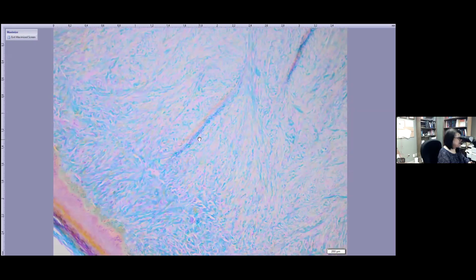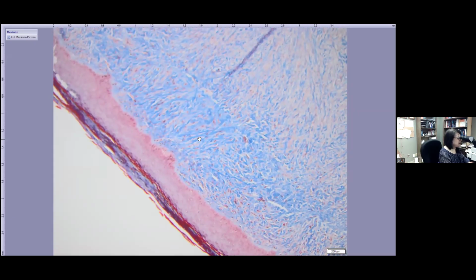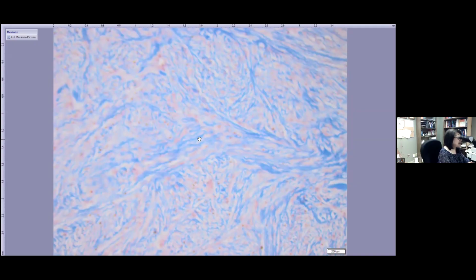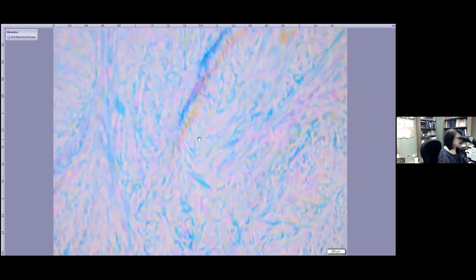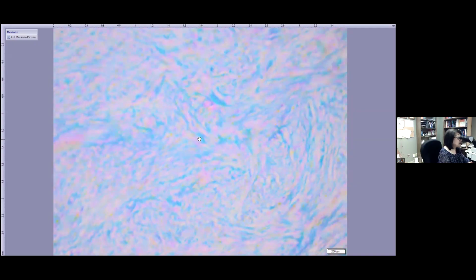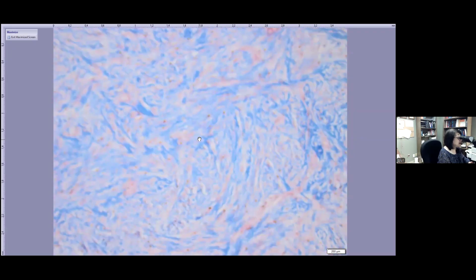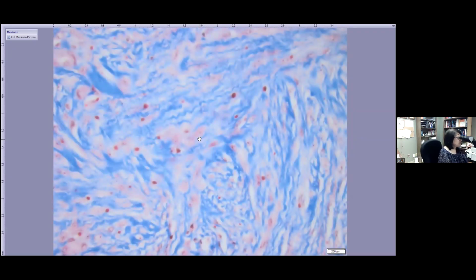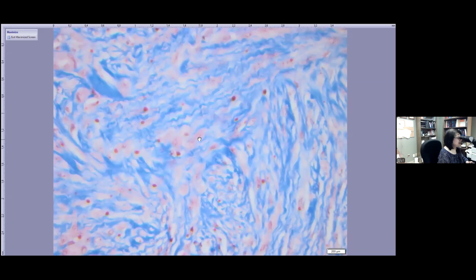The trichrome, the blue stains the background collagen, fibrous tissue, and it also highlights those inclusion areas. So many inclusions.